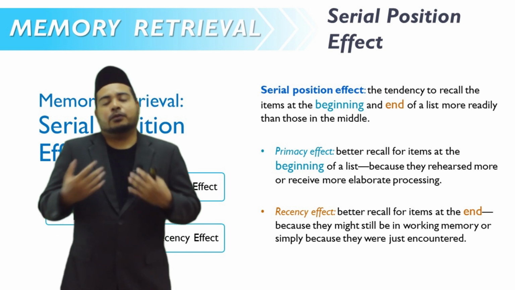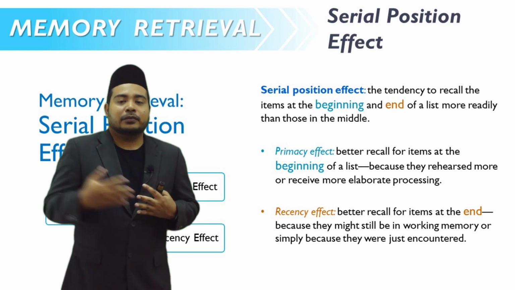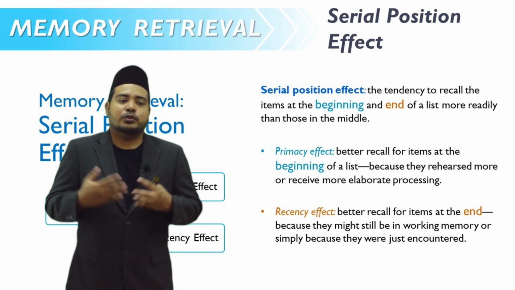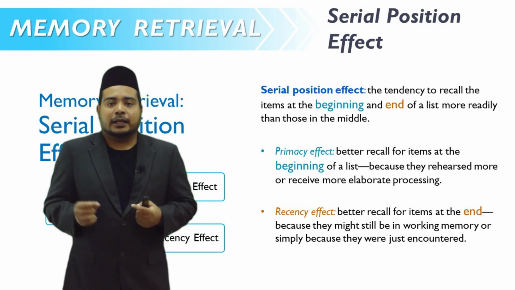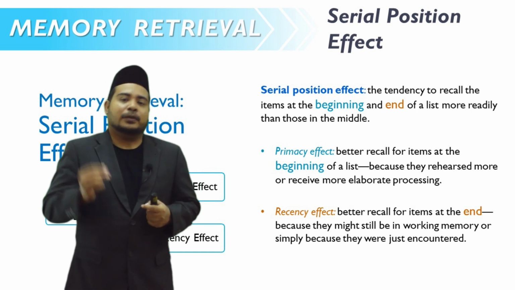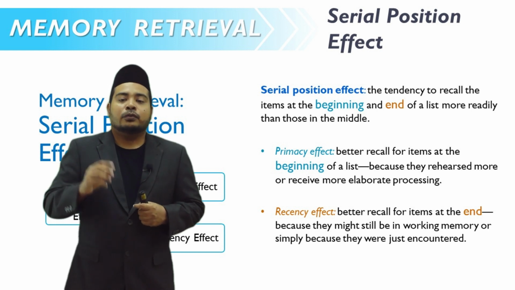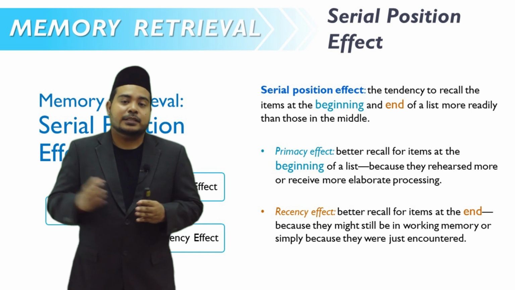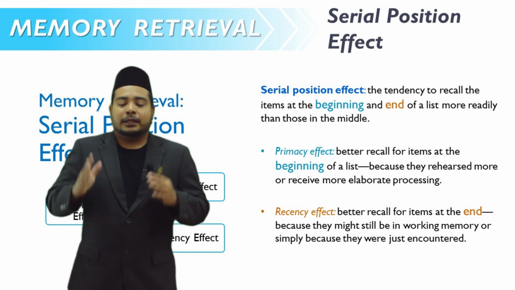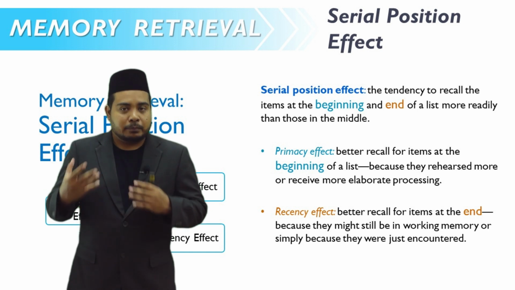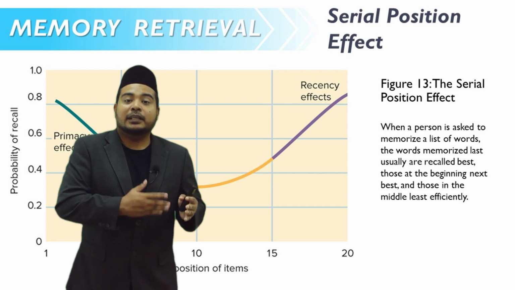So usually, or in my case, I sometimes forget the beginning of the ayah. If you remember, you are praying behind an imam, and then the imam forgets a certain ayah. It only takes a few words or a few ayah at the beginning of the surah for the imam to recall it back. So this is the scenario of recency effect, whereby the middle and the end of the ayah we can remember easily, but we forget the beginning of the ayah.